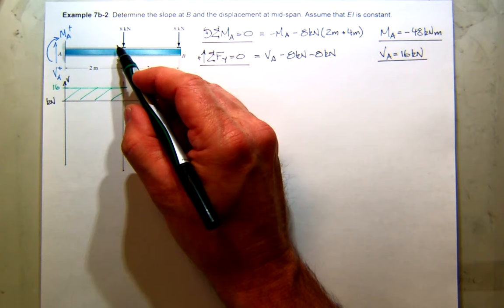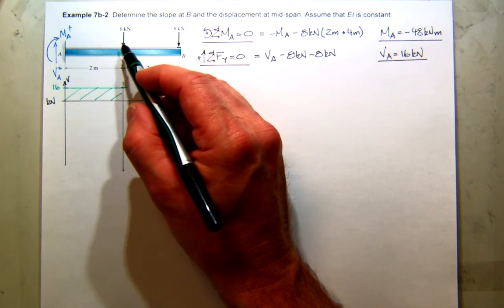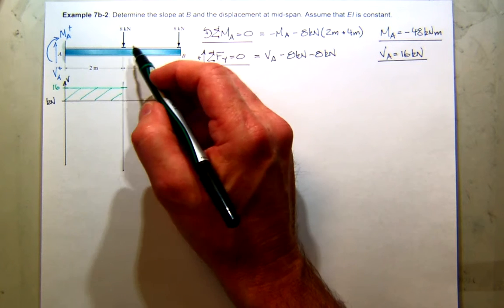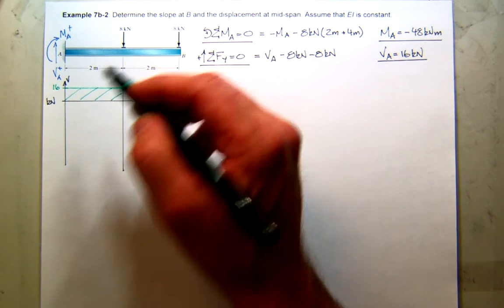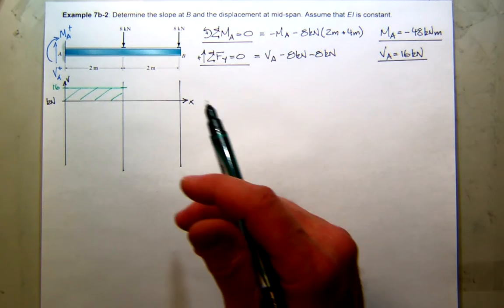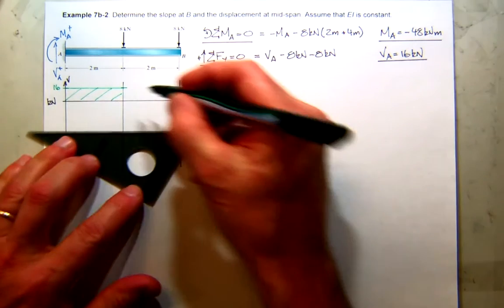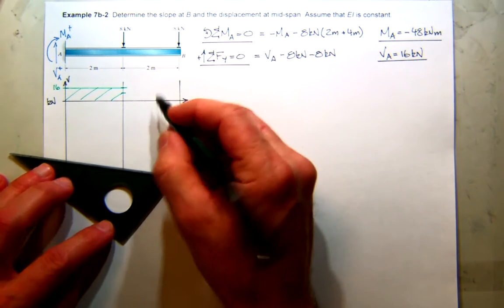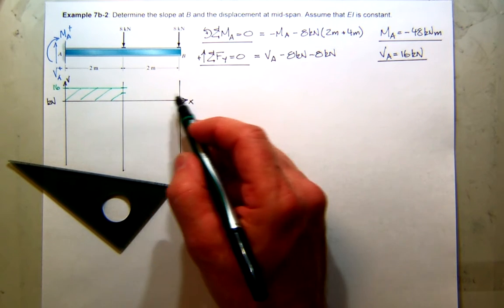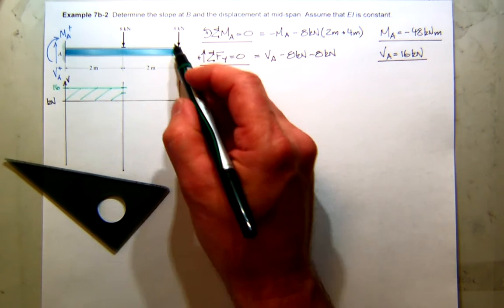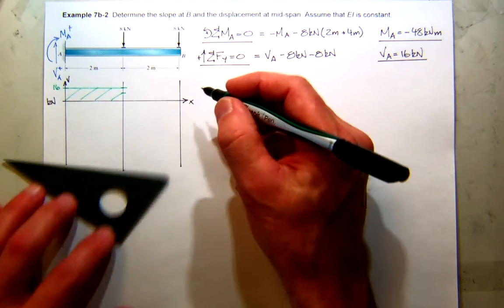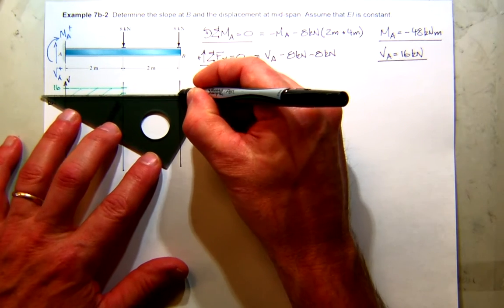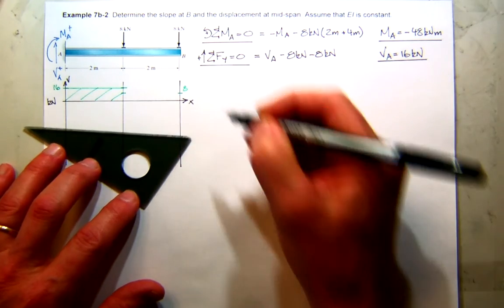Now, if we go from left to right, what happens? We have an 8 kilonewton applied force. It's down, so how's our shear going to change? It's going to go from 16 to 8. And then the change from here to here is the area of this part of the curve, which is 0, so I'm going to stay at 8.